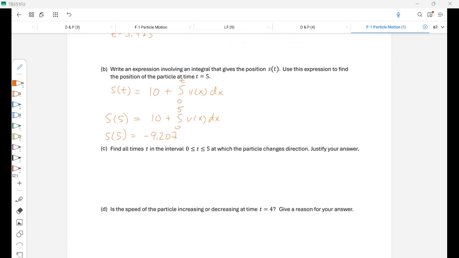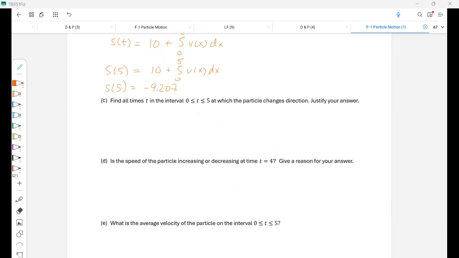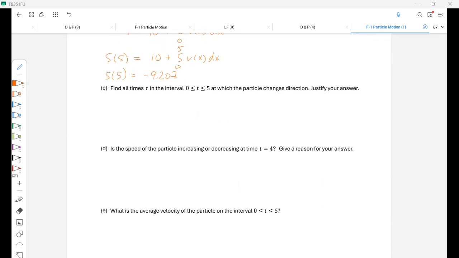All right. Letter C: find all the times in the interval at which the particle changes direction. Justify your answer. So what am I looking for for the particle to change direction? Well, I am looking for relative extrema. Relative extrema of what?